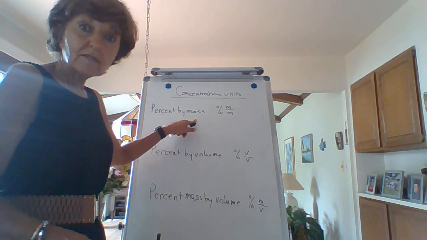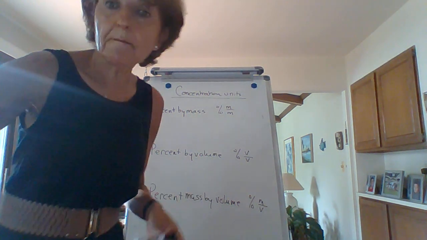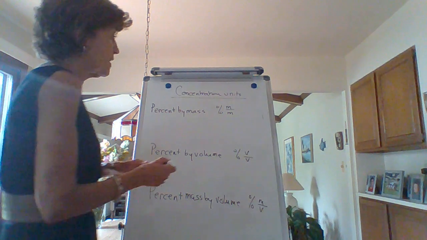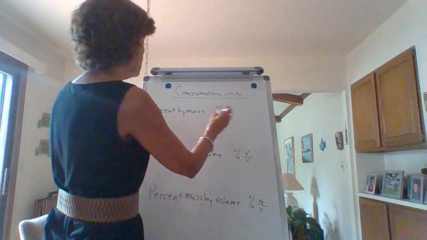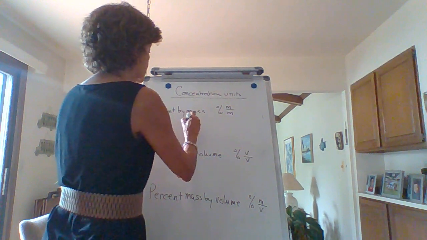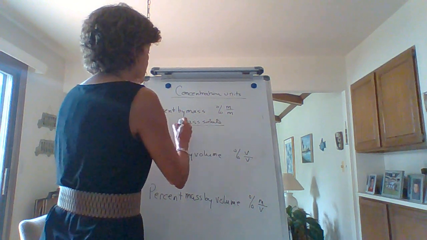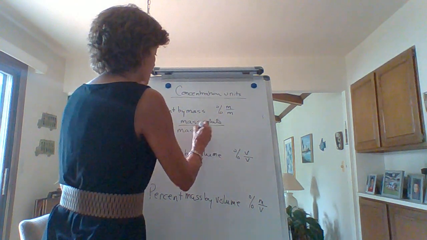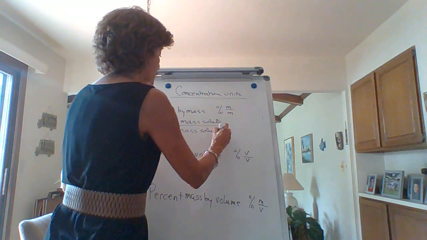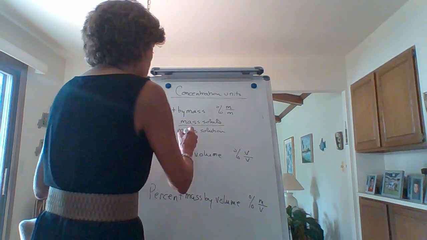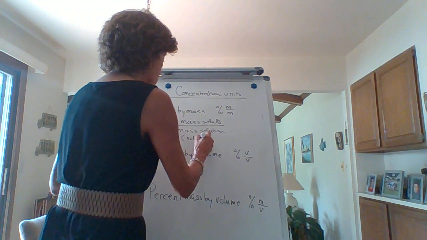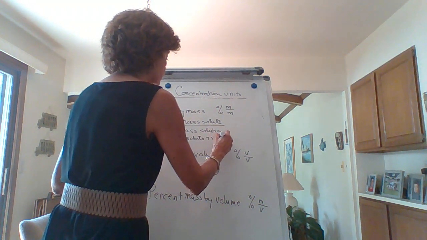Percent by mass, which is percent mass of solute over mass of solution. So what we're going to write is the mass of the solute divided by the mass of the solution. And remember, the mass of the solution is solute plus solvent.